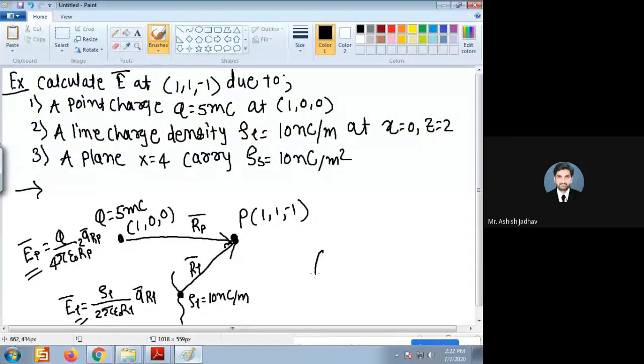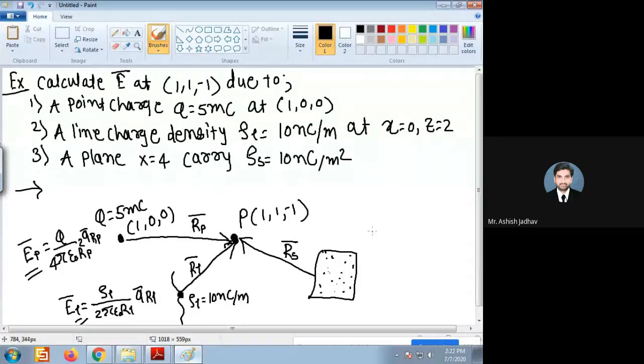And similarly, we have a surface here. So the charge is uniformly distributed here, and we want the electric field intensity at this point. So in that case, you have to find this RS bar. RS bar is the vector extended from the surface to the point, right?